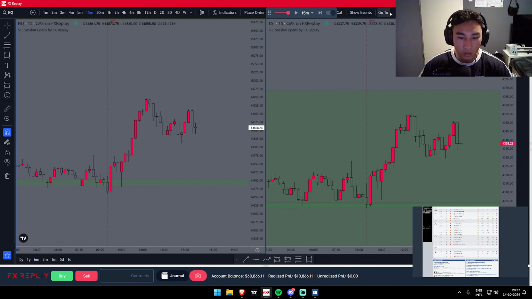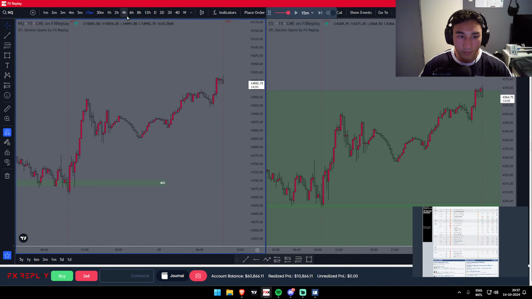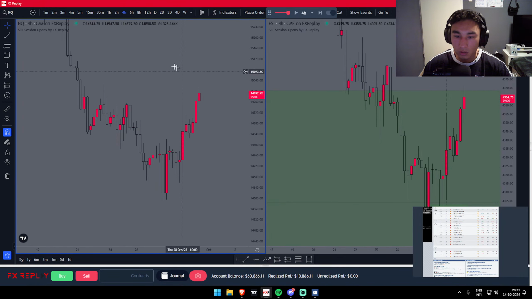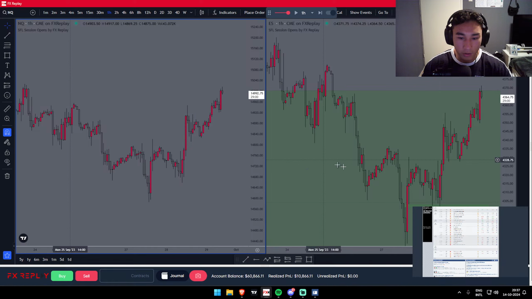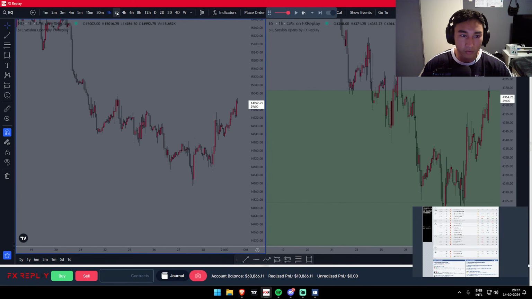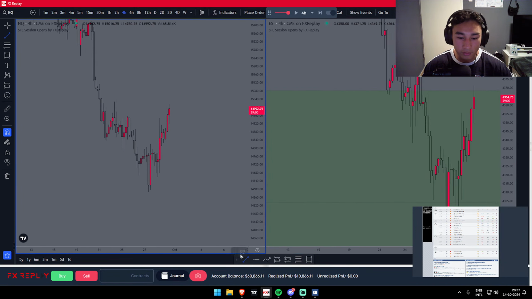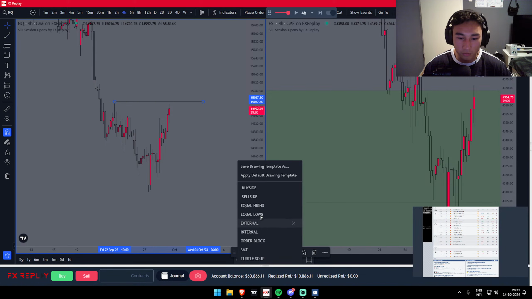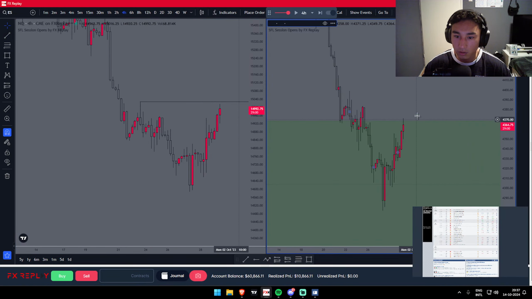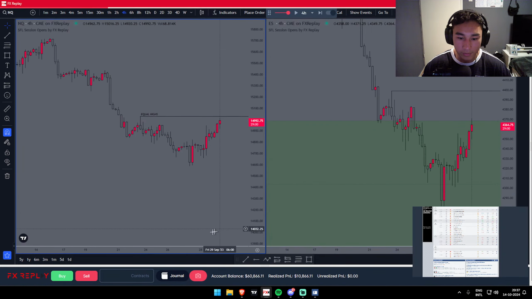Yeah, next day, which would be Friday. Oh, look at that reaction off the 1 hour there. Finally get that reaction to the upside, and then this was my draw on liquidity, but I think we're just going to take that at market open. That is my only draw on liquidity, probably a retracement after that high.